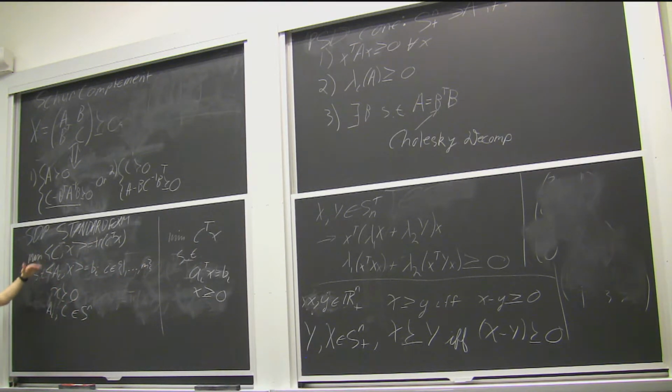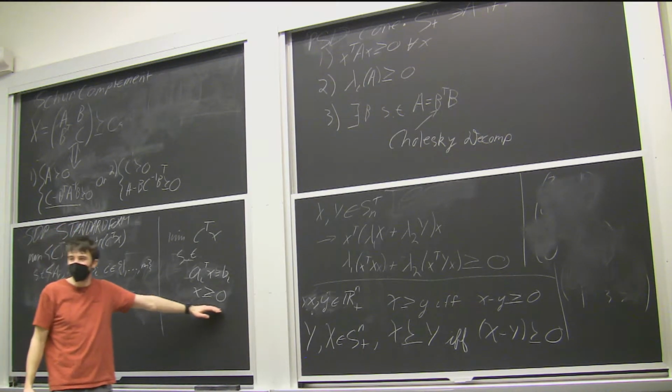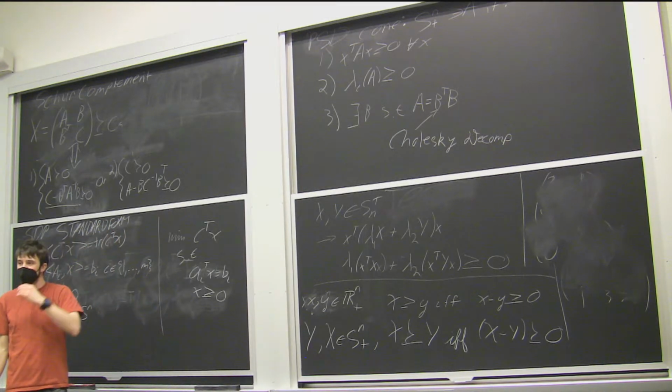I'm going to have some equality constraints, so I'm going to be working on an affine subspace over some cone. So X has to live in the cone of positive semi-definite matrices. In the LP case, X has to live in the positive orthant.